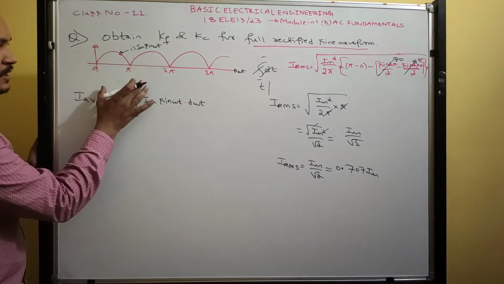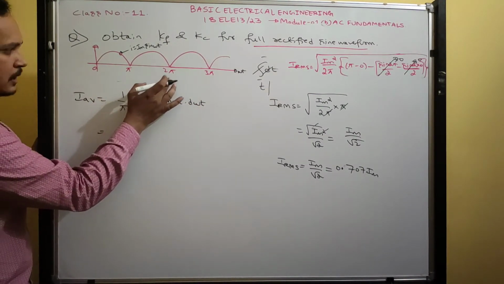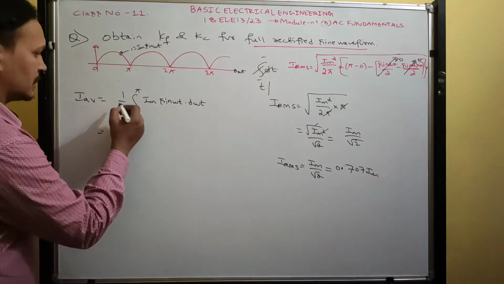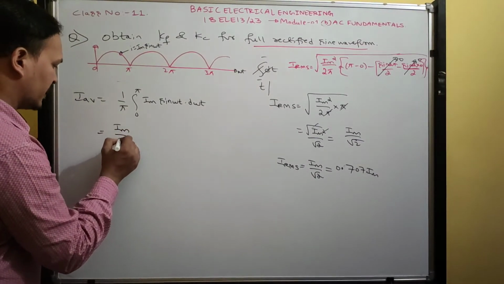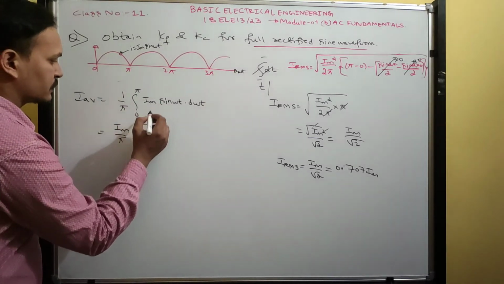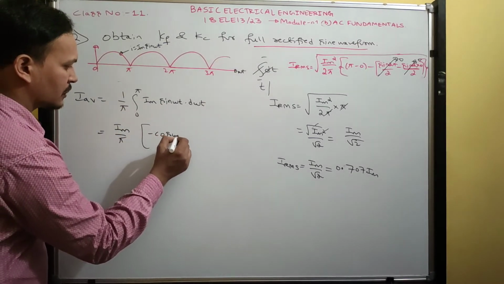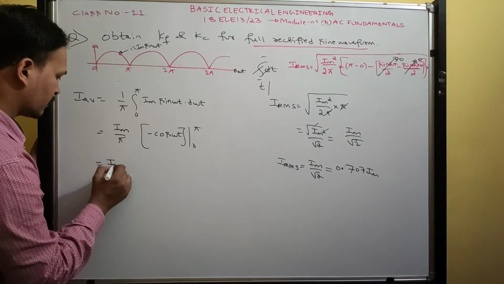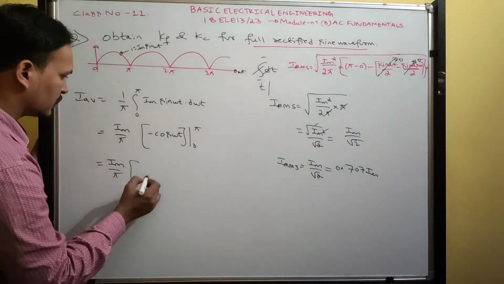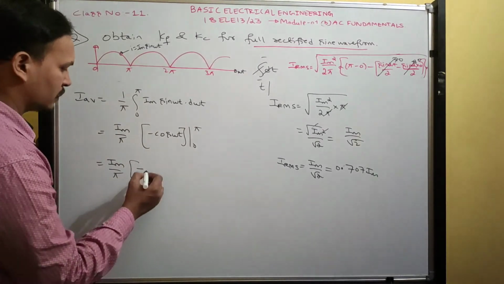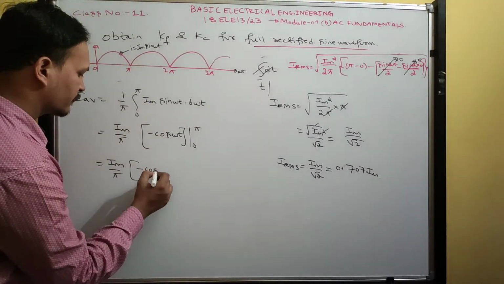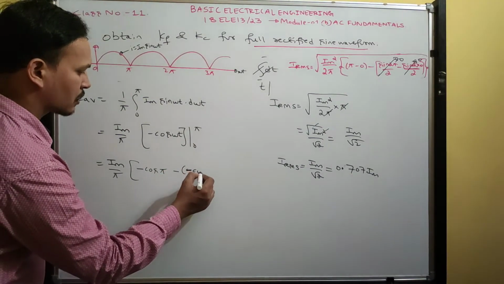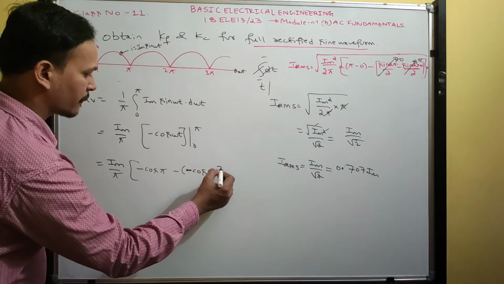The standard step is 1 by T, integral 0 to T, i into d omega t. Next, Im taken outside. Im by pi. What is the integration of sin omega t? Minus cos omega t. Then apply the limits 0 to pi. So Im by pi within the bracket: minus cos of the upper limit, then minus of minus cos of the lower limit.